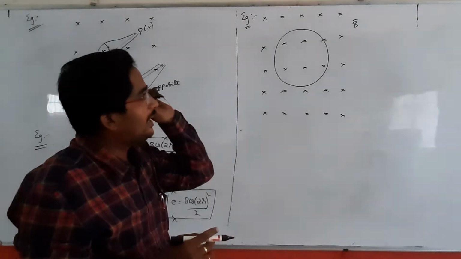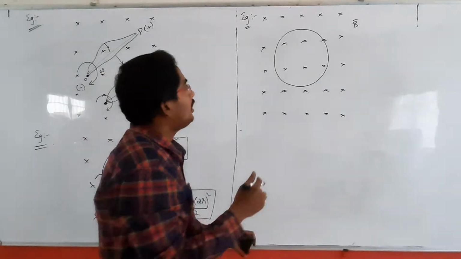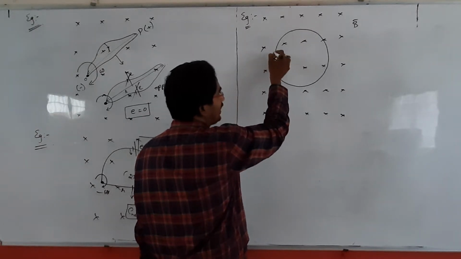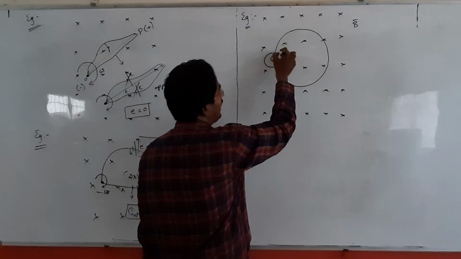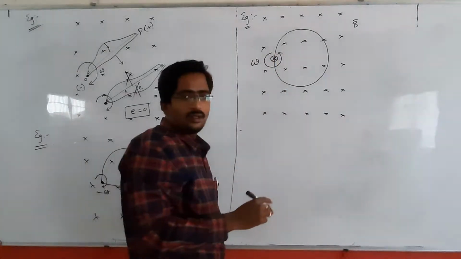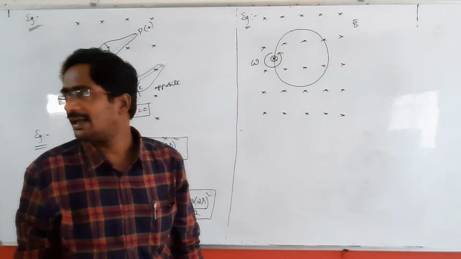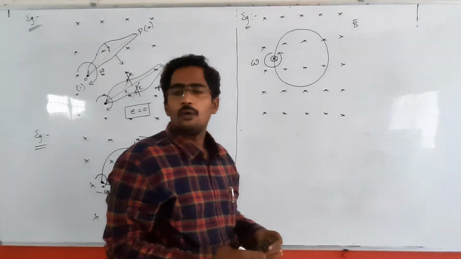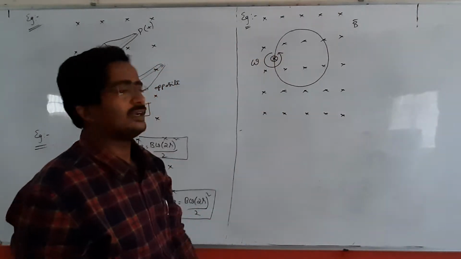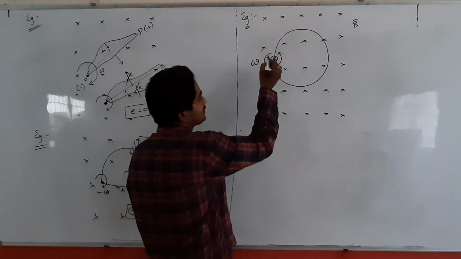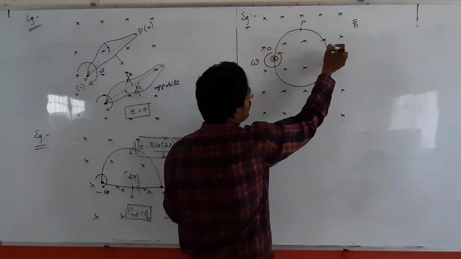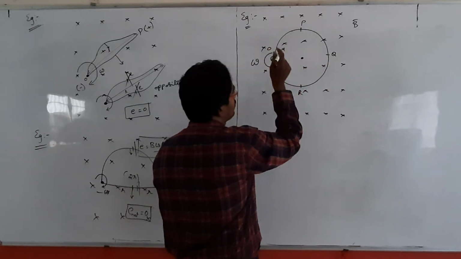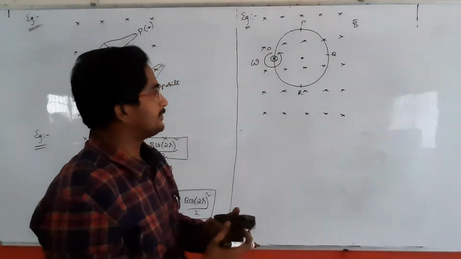Now we would like to write down the EMF induced across different points of this circular wire when it's rotating with angular velocity omega in anti-clockwise direction. What is the induced EMF across different points? The points I am marking as O, P, Q, R. Okay, so these are the points I have taken here.